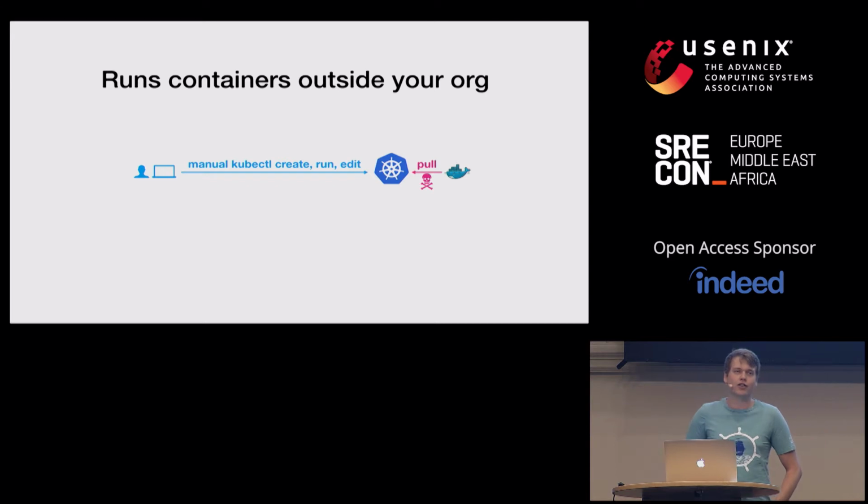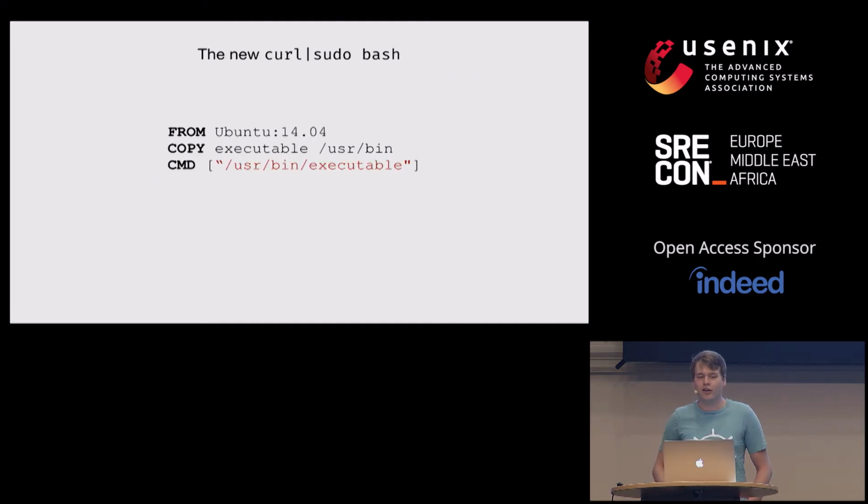And that means they can just switch out the Docker file and pull down a Docker file from wherever they want. And I want you to think about something: the new curl pipe sudo bash, because it's just from somewhere. You download something, you start it, it runs forever.